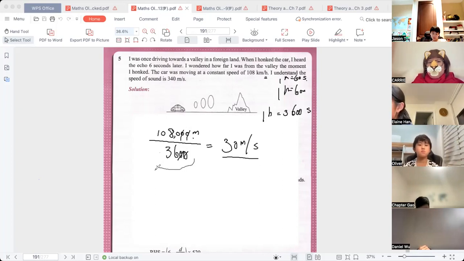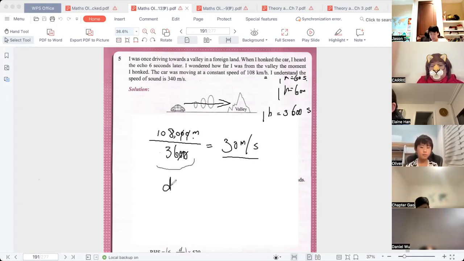Okay. So now I know the speed of sound is 340. So let's take a look at this one. The moment I honked, it goes there. For instance, I say the distance between this car and the valley is d. So d takes d divided by 340, right?